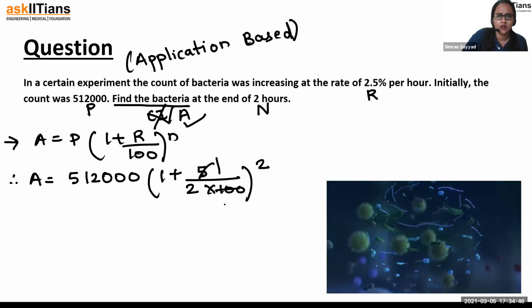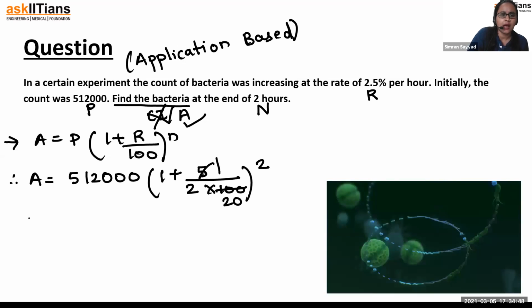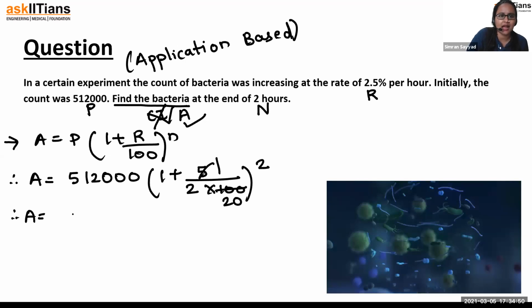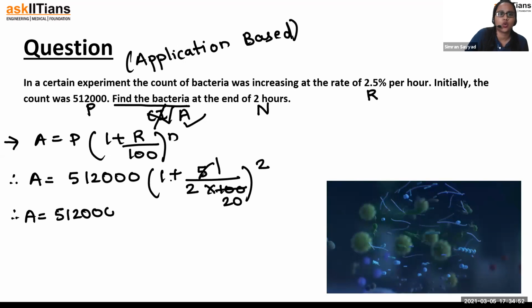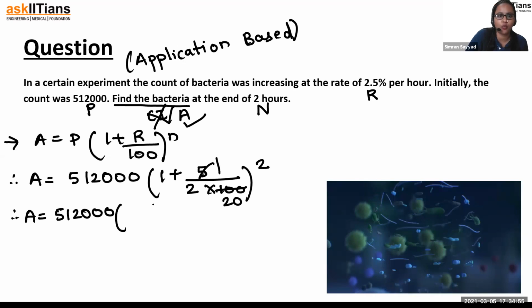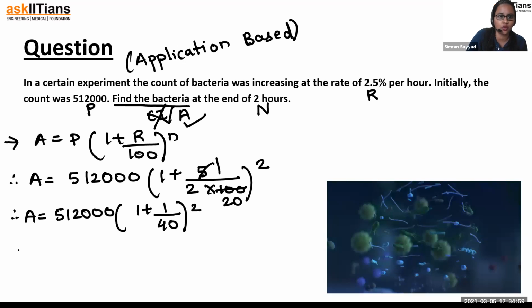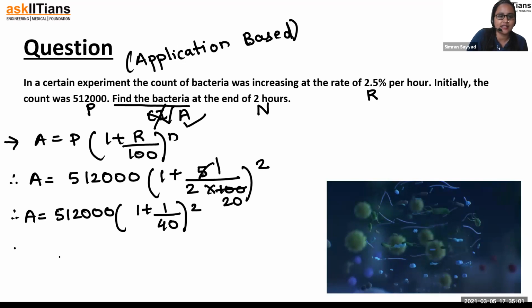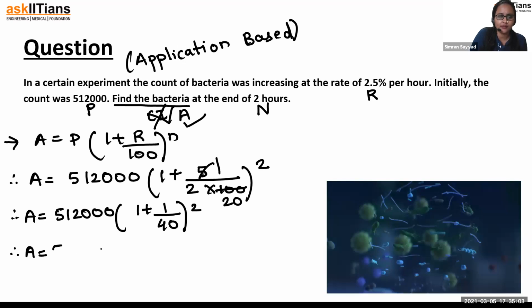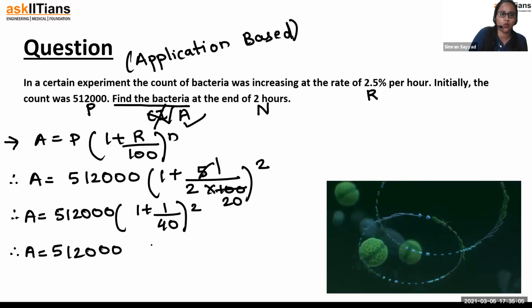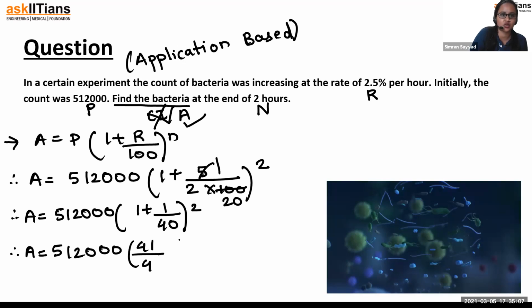Therefore, the amount is 5,12,000 times 1 plus 1 by 40 raised to 2. Therefore, A is 5,12,000 times 41 by 40 bracket square.